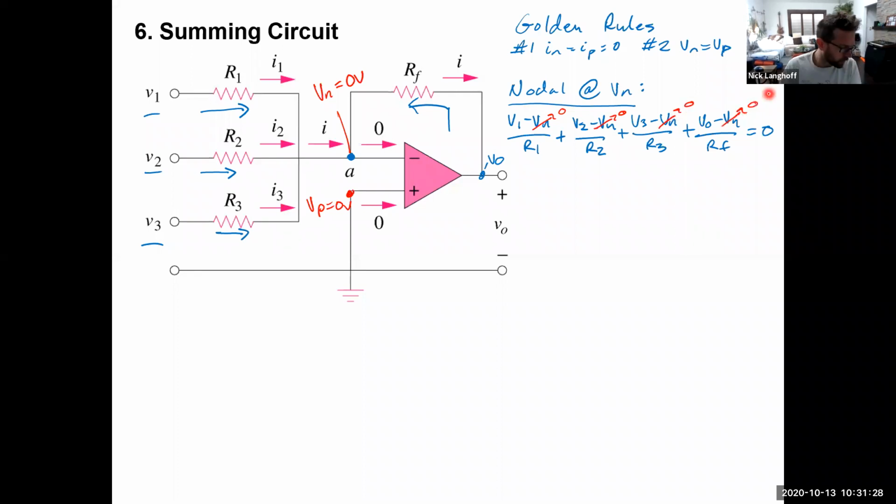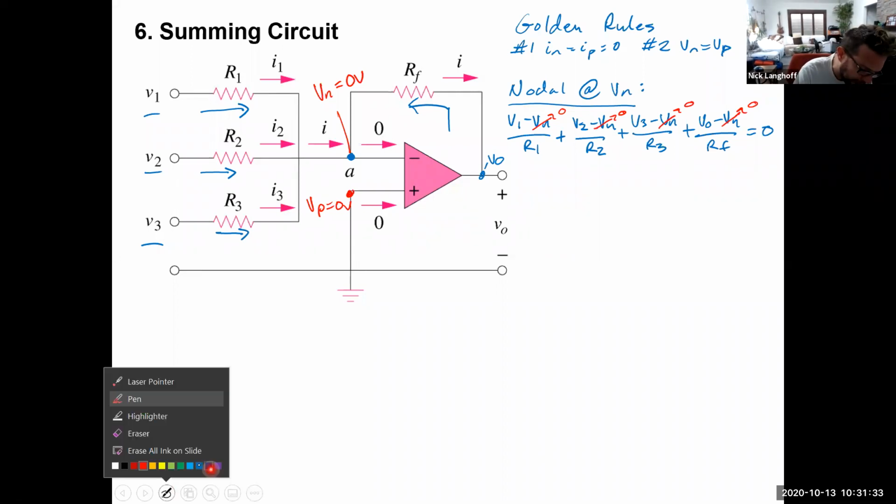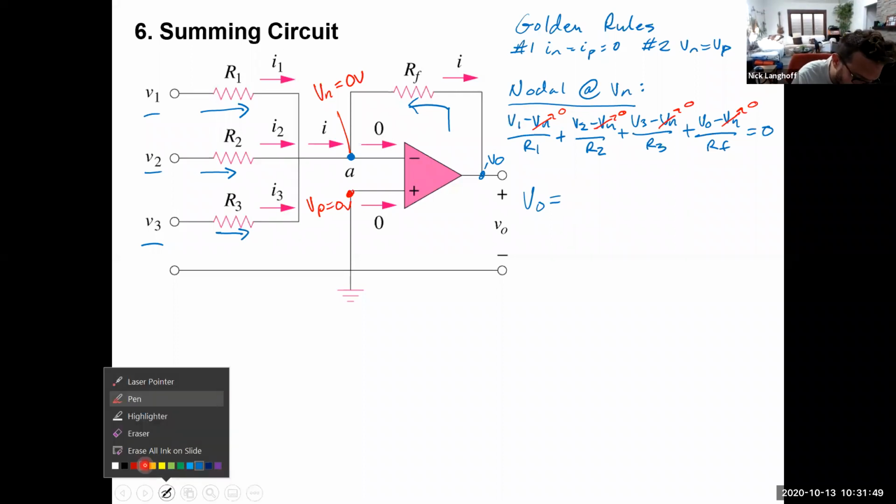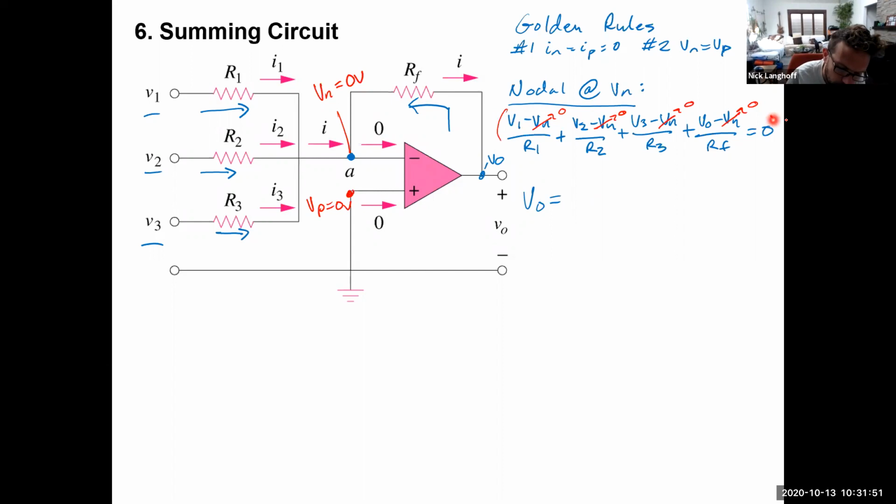If we do that and collect terms for Vout and write it in terms of V1, V2, and V3, we find that this is the relationship. Do you guys agree here? What if we take this whole expression and multiply through by RF? I'll just show the intermediate step for a second.